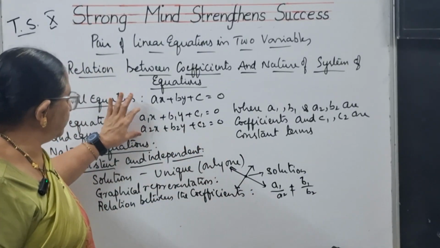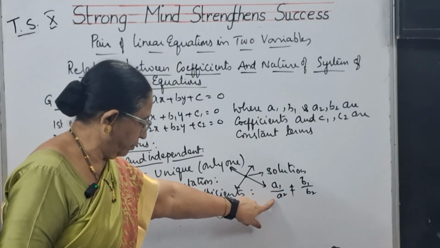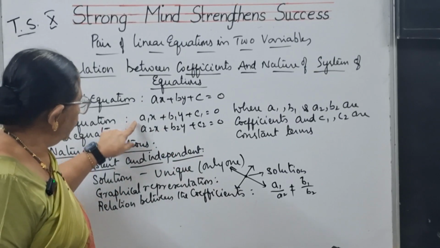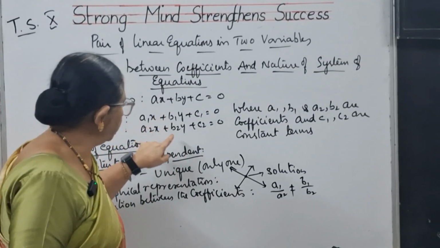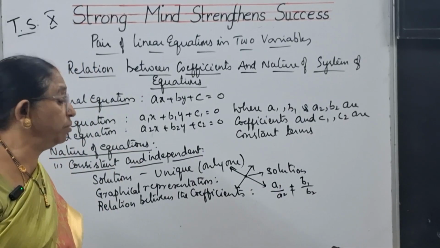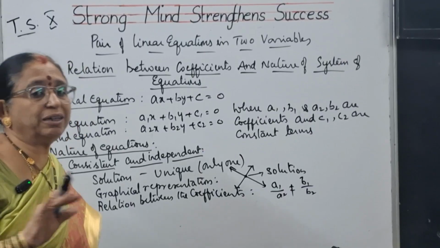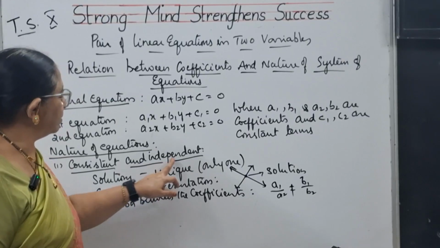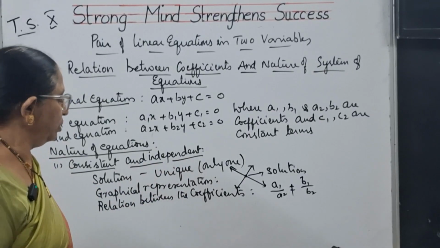That means if a system of two equations is given to you, you have to find out what is a1, what is a2, what is b1, what is b2. Find the ratio a1 by a2, how much you are getting, b1 by b2, how much you are getting. Are you getting them as same or not? If you are not getting them as same, then we will say that the equations are consistent and independent. They have only one solution.